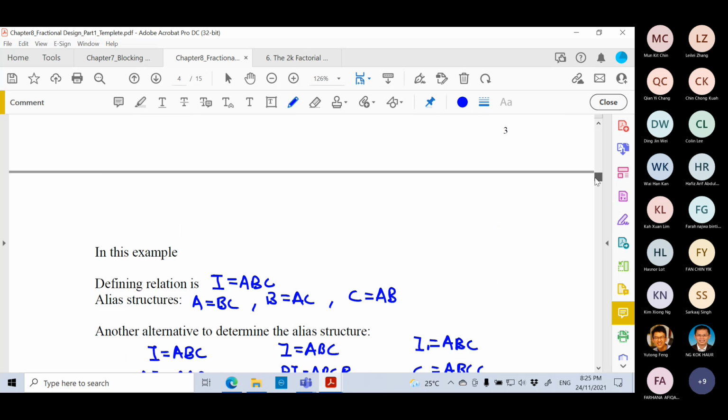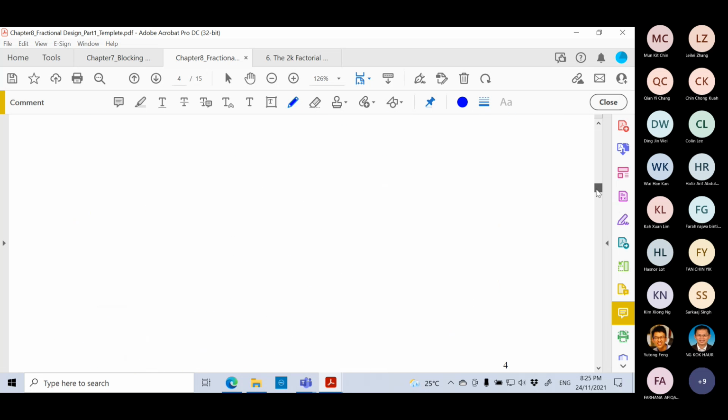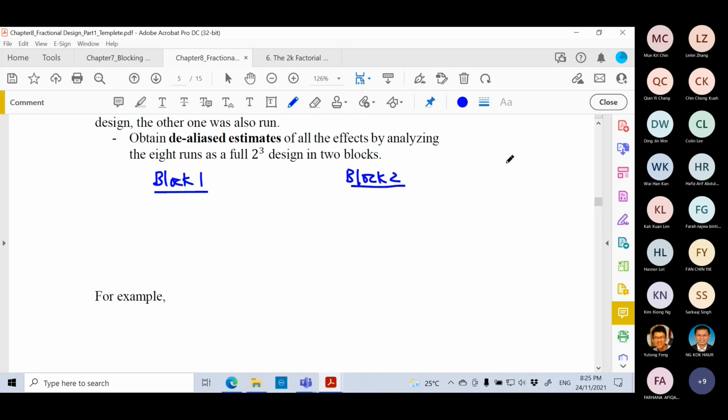So if I use a confounding idea, block 1 consists of a, b, c, and abc. If I run only 1/2 of them, then this one has a positive sign. For the other block, I have ab, ac, bc, and 1. Okay, this one is a negative sign. So just now we only ran the first 1/2 or the second 1/2.